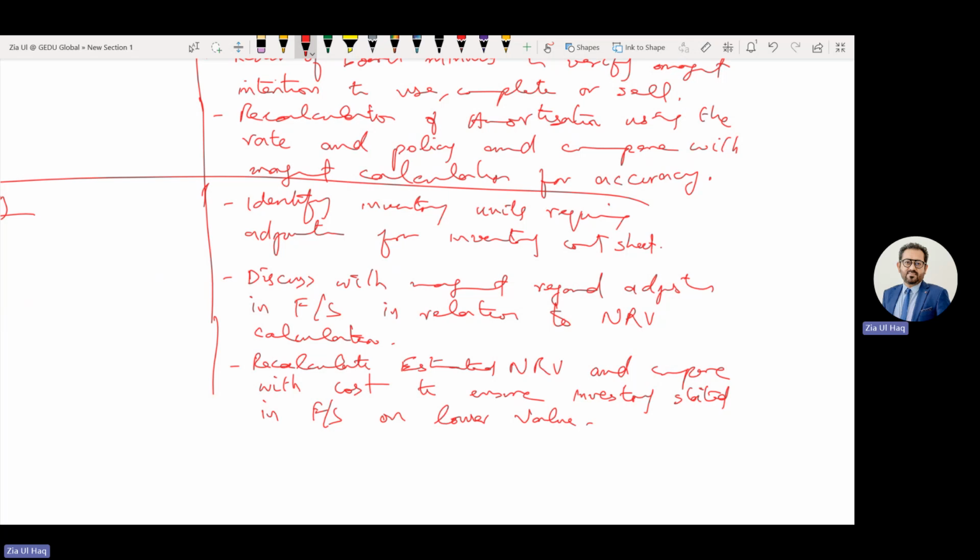At what price they are saying we can sell, what could be the delivery expenses, those are estimated, not actual. So we can compare what is the cost from inventory records and make sure inventory is recorded in financial statements at the lower value. Three issues we have identified.